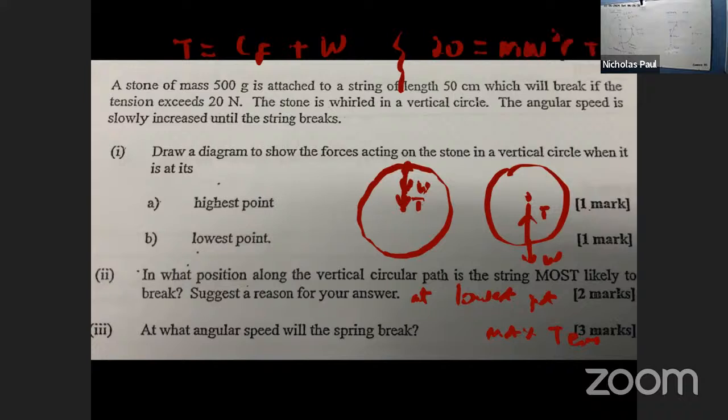And we can find the weight, so we know what the mass is. Plug it in now. So 20 is equal to the mass, 0.5, times omega squared, times R. R is 0.5, convert to meters. And the weight will be 0.5 by gravity. As I said, you can use 10. So all we really have to do is use what we know happens at the lowest point.